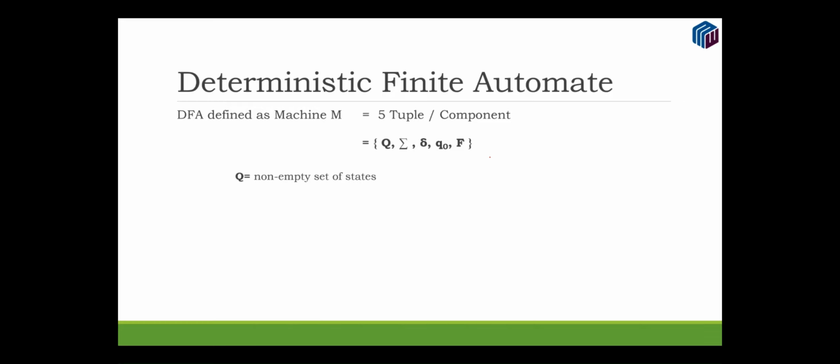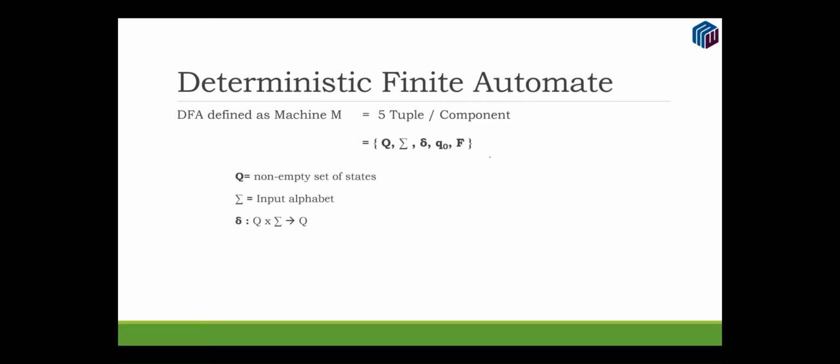Sigma represents the input alphabet, that is A, B, C, or 0, 1, or special characters. Delta represents transitions. Moving from one state to another state is called a transition. So delta maps Q times sigma to Q.